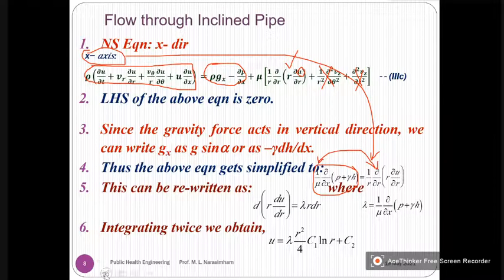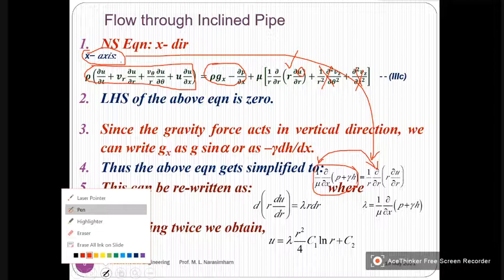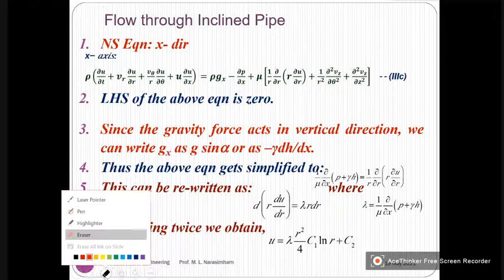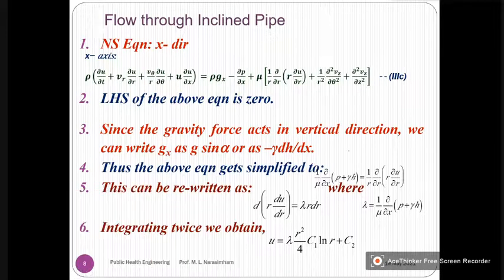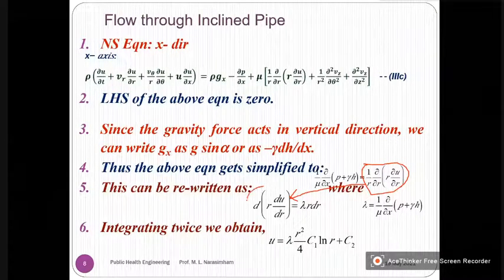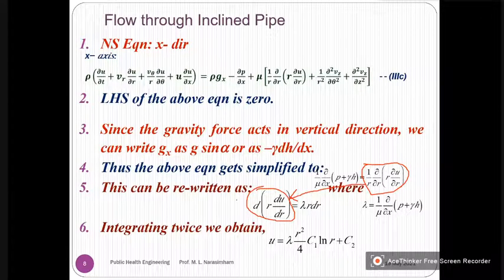What we can do is simply combine this. I can write this as d by dr of r du by dr. Suppose if I differentiate this, what do I get?